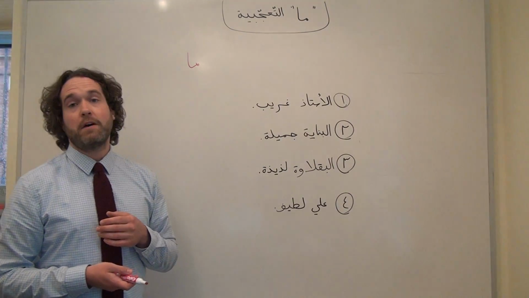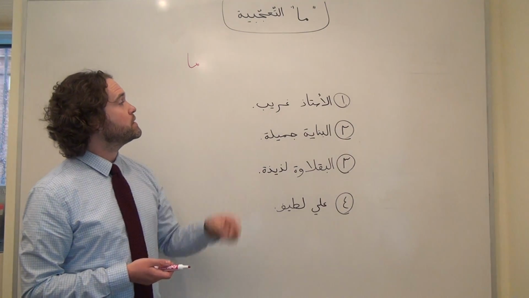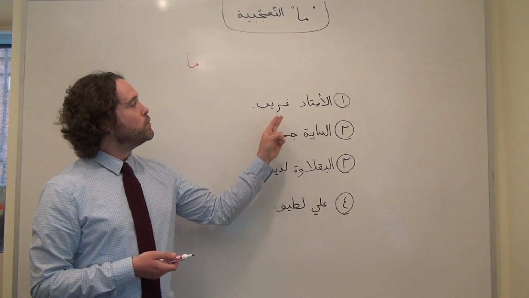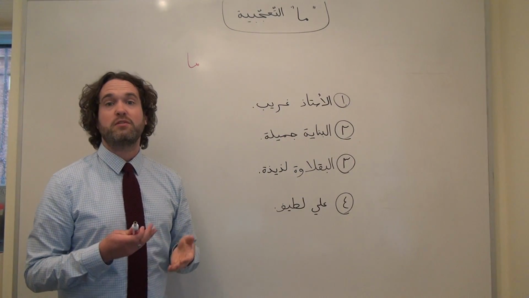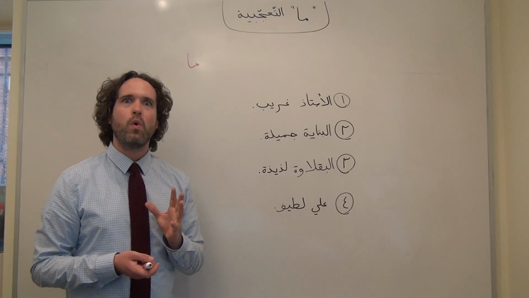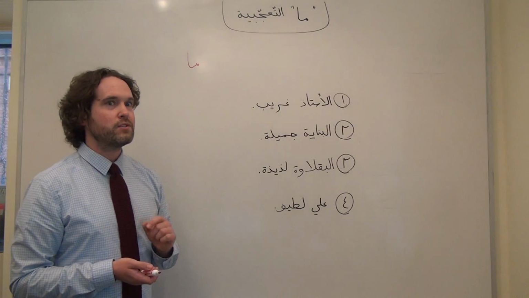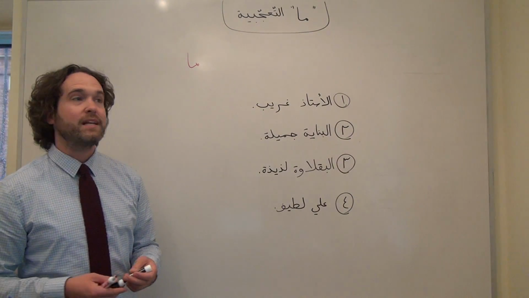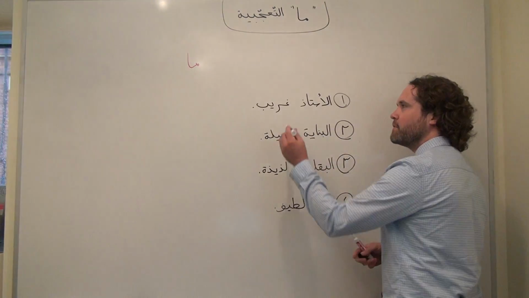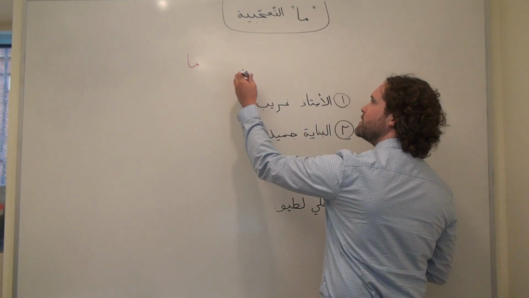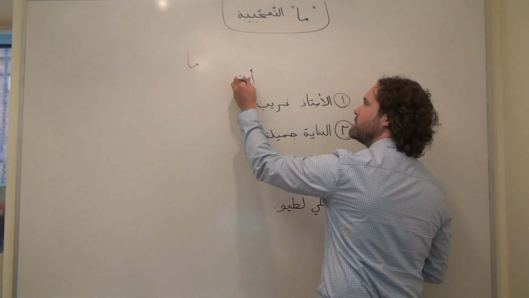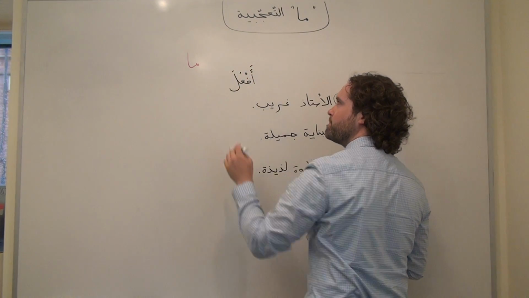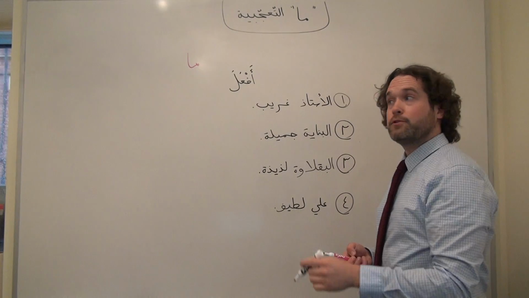Suppose, my favorite example sentence, we had a very strange professor. We could just say, al-ustadh gharib. The professor is strange, but if we really want to emphasize how very strange that ustadh is, we can take our adjective and put it into a modified pattern. Here we have gharib, and we're going to put it into the pattern, the wazn, af'ala, after a ma.